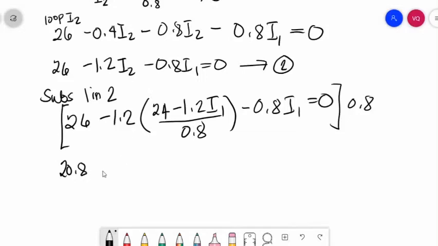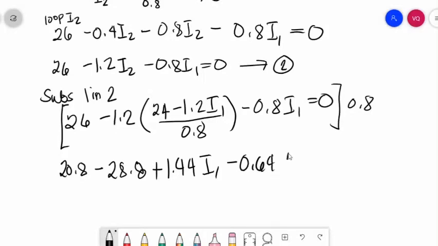Negative 1.2 times 24 is equal to negative 28.8. Negative 1.2 times negative 1.2 is equal to positive 1.44 I1. Minus 0.8 times 0.8, that is negative 0.64 I1 is equal to 0.